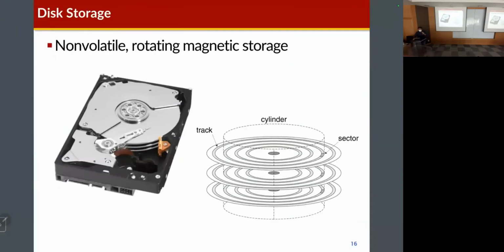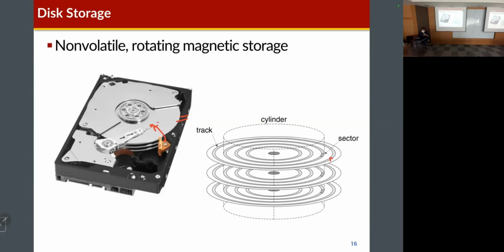The hard disk drive, as I explained, is a mechanical device that stores the data on the surface of the plate. Okay, this is the inside of the hard disk drive. This is the head of the hard disk drive.